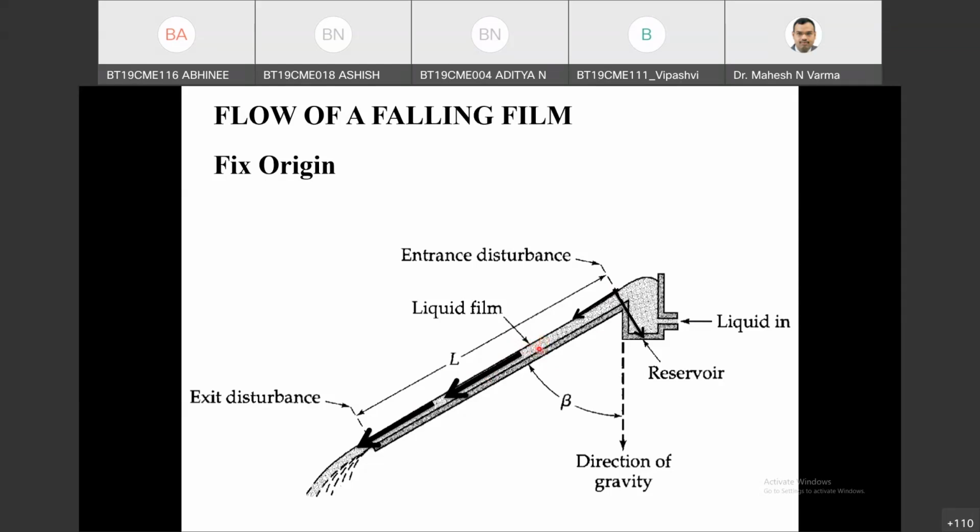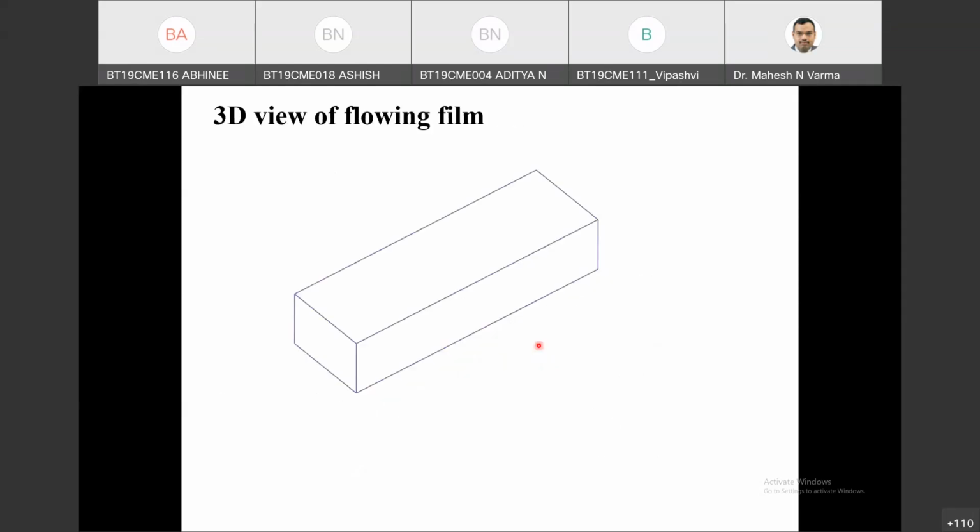A liquid film flowing over a flat plate. If I go to the 3D view of the film, this will be my delta, the thickness of the film. This is the length of the film, and this is the width of the film. So how many origins can I select? I can select origin here, here, here, here.